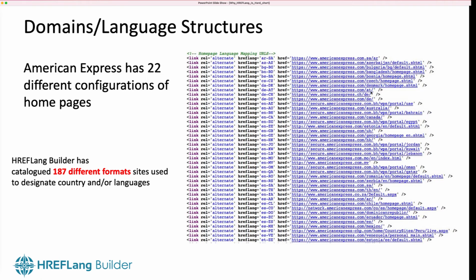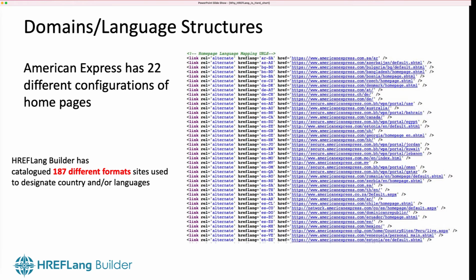Azerbaijan spelled out, Austria as an ISO code as a folder. We're using top-level domains, like in this case for Switzerland, with a language all the way through the gamut. And then we'll have places like Estonia here with saying this is an English language version. Down here we've got an EE version, which is Estonia, not Estonian language.